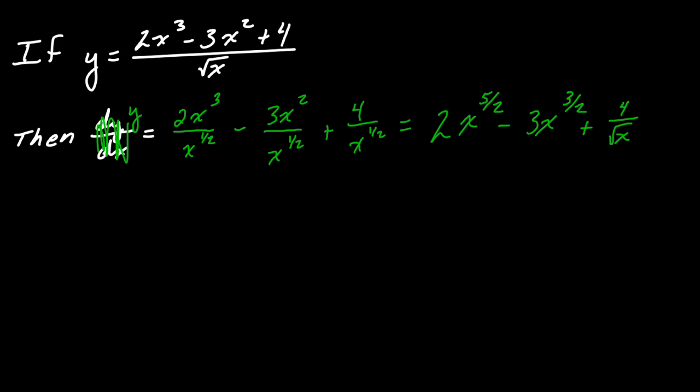Typically what you want to do with simplifying with exponents is you want to get rid of your negative exponents whenever possible. So like I said, you could use quotient rule on this, but when you end up doing bottom times derivative of the top minus top times derivative of the bottom, and then you combine like terms, or bottom squared, and then when you combine like terms and simplify, you're going to end up with this right here.